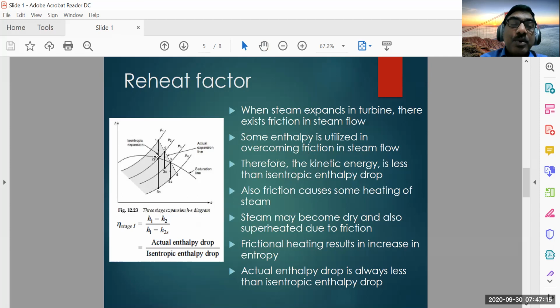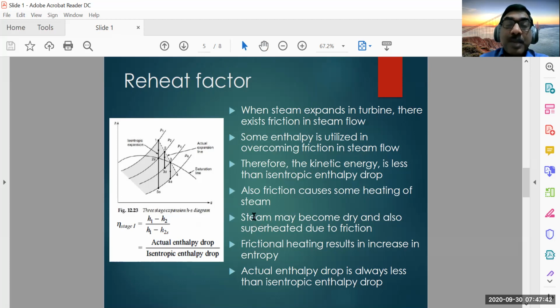But instead of 1 to 2s, we are getting only 1 to 2. This is because of the non-isentropic nature of the process. So whatever the actual enthalpy drop is, it is less than the isentropic enthalpy drop. This is the point you have to understand.